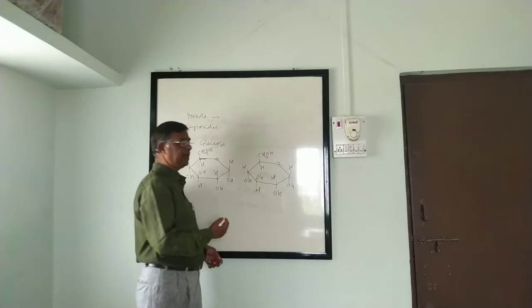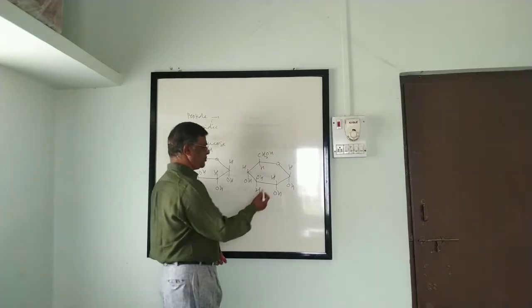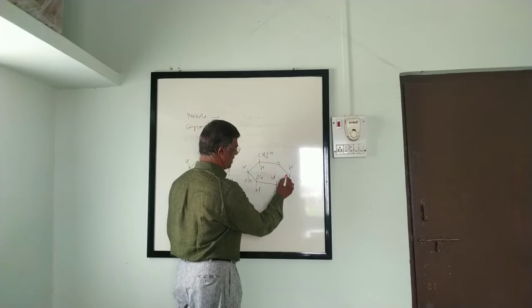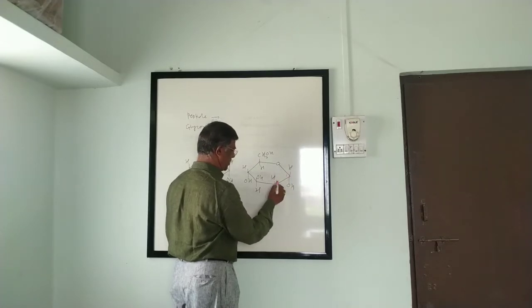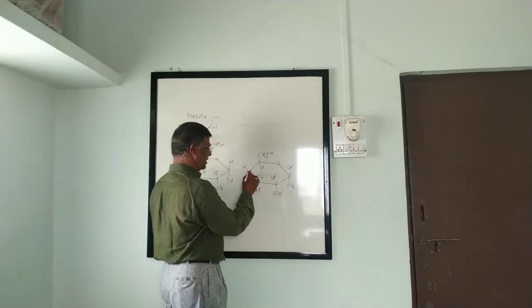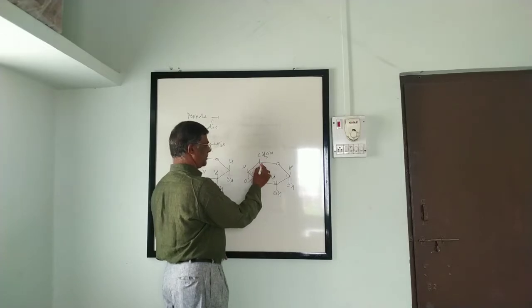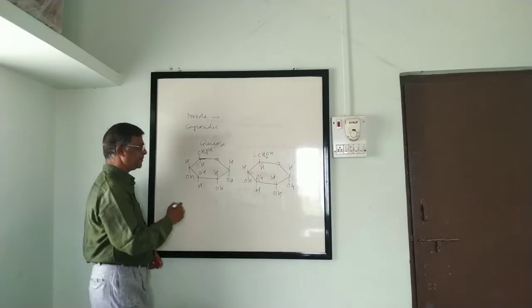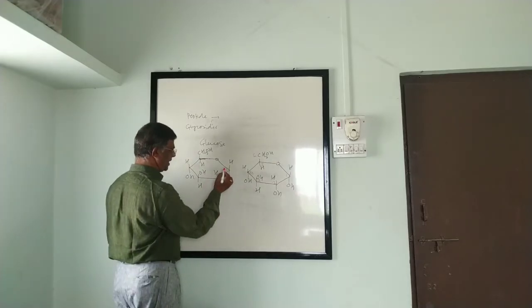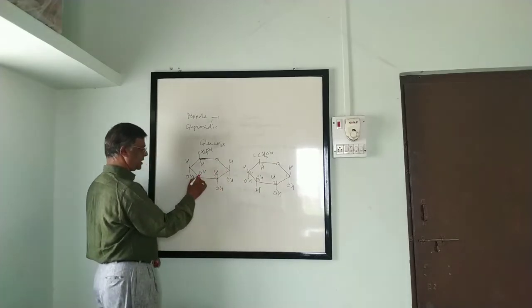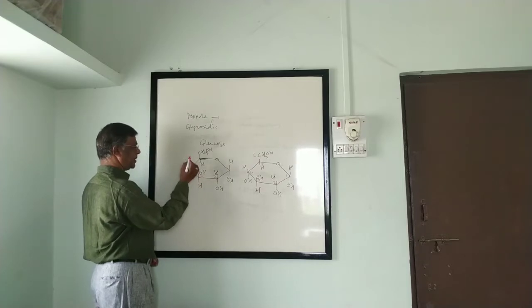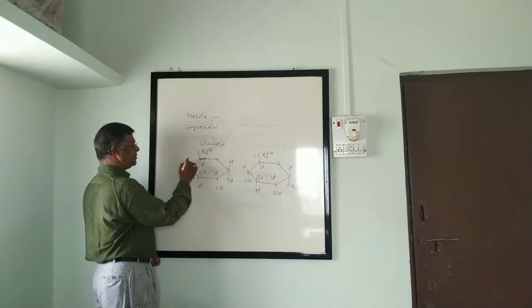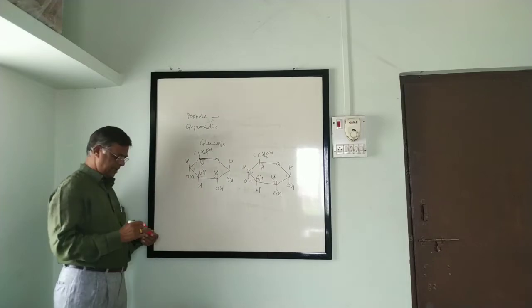Because when we count the carbon atoms in the glucose molecule, this is carbon number 1, 2, 3, 4, 5, 6. Similarly, carbon number 1, 2, 3, 4, 5, and 6.